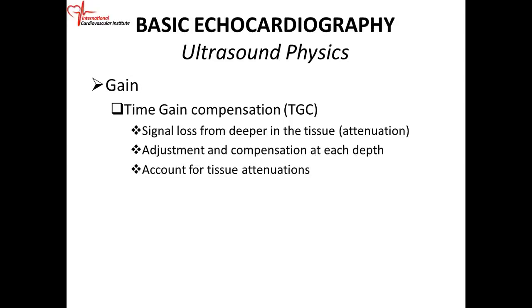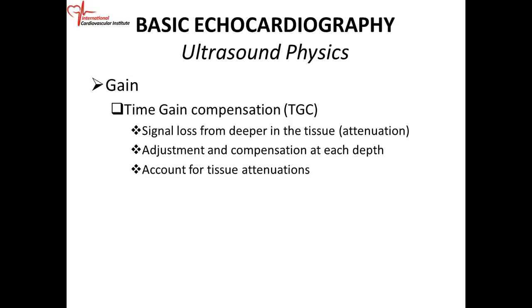signal lost from the deeper tissue. So when you're doing any scan, remember what we said, attenuation. You have more attenuation the greater the distance. So the deeper structures are not going to be highlighted as well as the more superficial structures. So once you realize that, then you can increase the signal to the lower portion or the deeper structures. Okay.